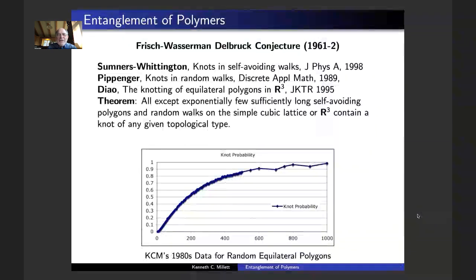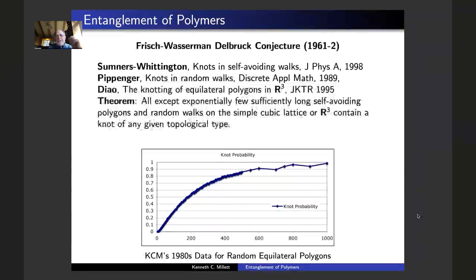There was a rather famous conjecture that as a random walk got longer, the probability that a knot would occur should asymptotically approach 1. DeWitt's student Van Diao and Nick Pippinger and Stu Whittington all proved in the late 80s that, in fact, this was the case.